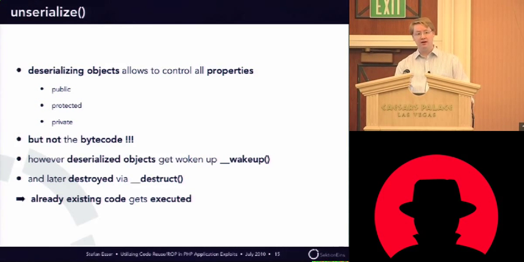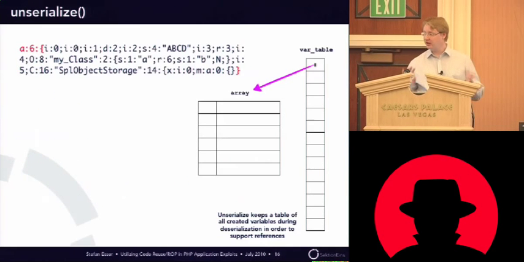So, to show you the internal workings of unserialize, I have a little example. One thing that's very important for the second part of the presentation is on the right side you see a variable table. This is an internal table of unserialize that keeps track of all the variables created by the unserialize parser during a single call of unserialize.